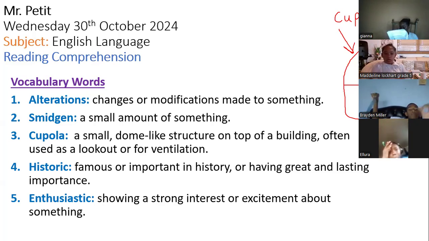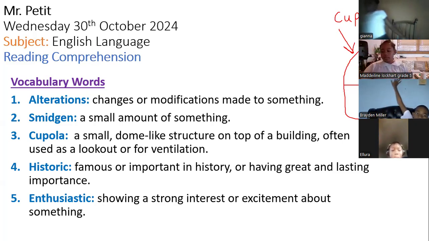Where's Alora? Okay, I don't think Alora can speak right now. Alora, can you hear me? Yes. What's your favorite word and why? Enthusiastic. Enthusiastic, okay.